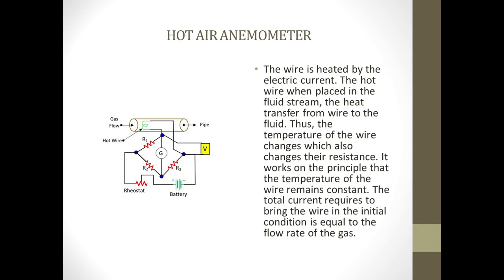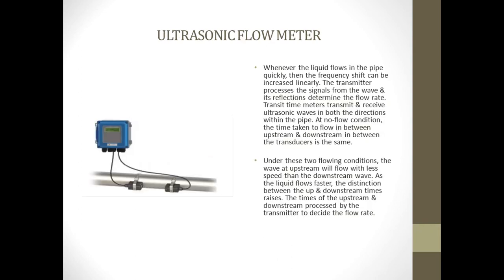The next flow measurement device is the ultrasonic flow meter. In the previous topic, we used electromagnetic waves, and also a resistive type of wire for measuring the flow. Now we are going to use ultrasonic sound to measure the flow of fluid within a channel or a pipe.